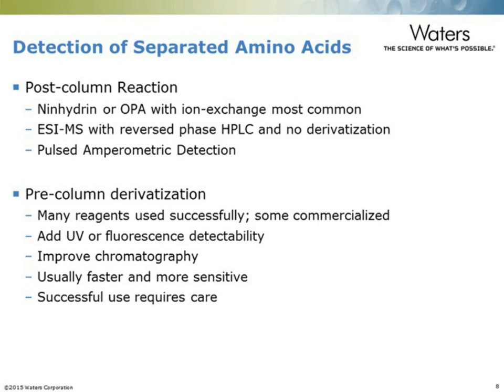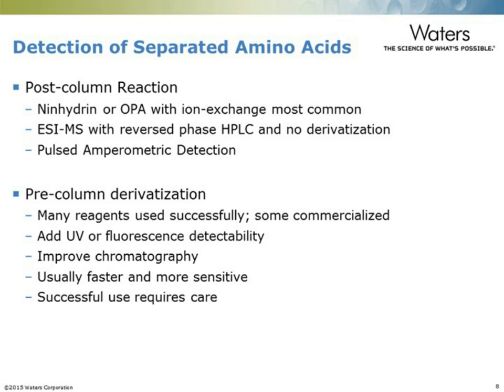One, of course, is the post-column reaction, used always in conjunction with ion exchange, but possible with other separation techniques, where a reagent is added to the effluent stream from the column in order to make the amino acids have a common detection. This we often think of as a ninhydrin device, but we've also seen some application of pulsed amperometric detection and electrospray mass spec.